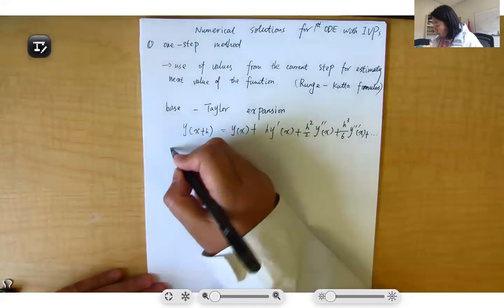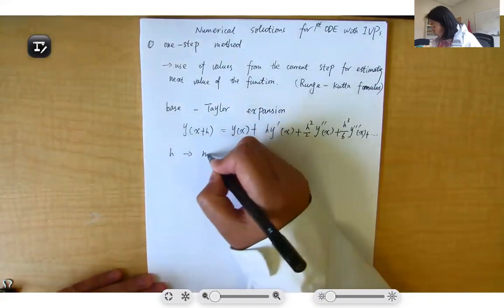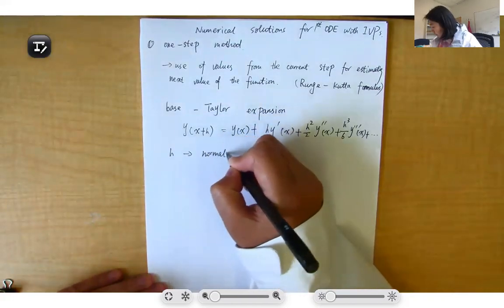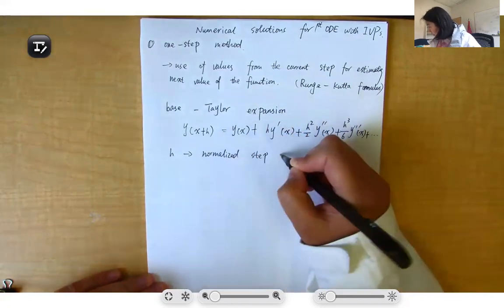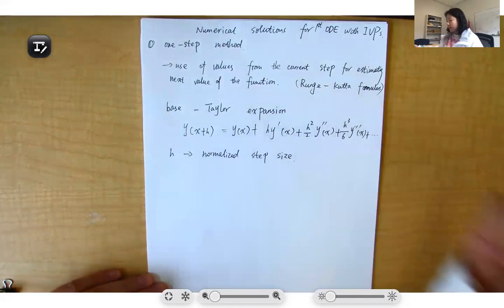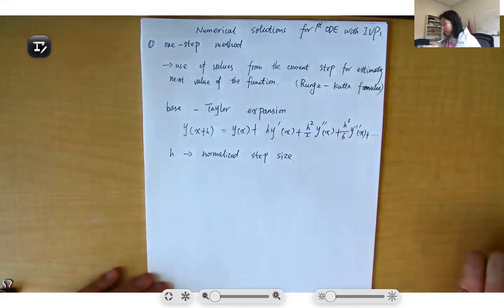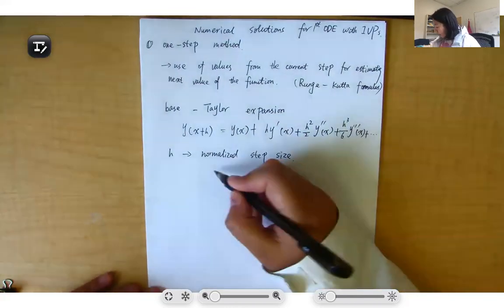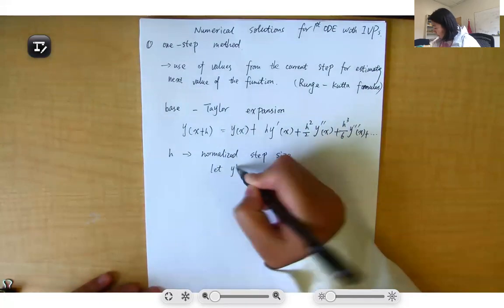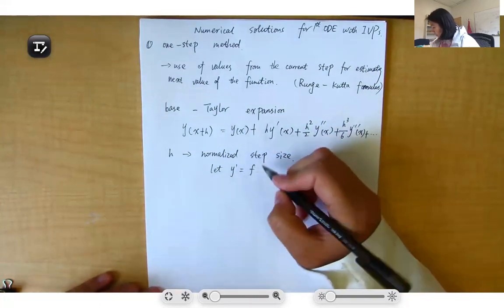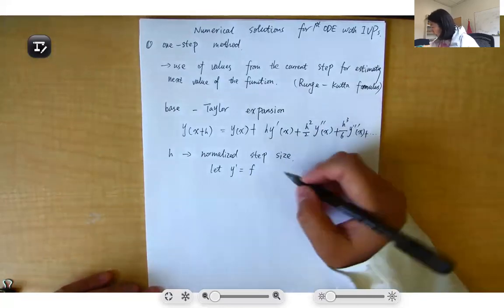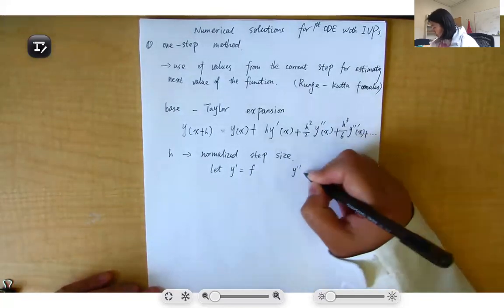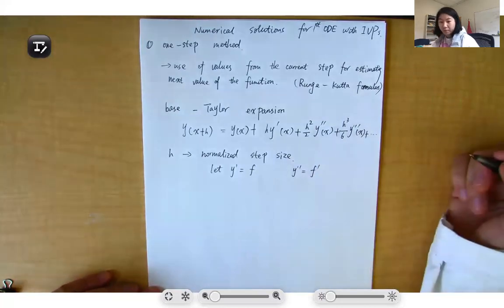The h, we can call it the normalized step size. And if we let y prime equal f, a function of x and y, then y double prime will be equal to f prime, right?